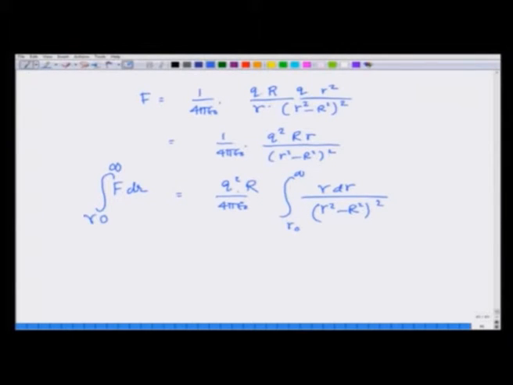To integrate this, let us take r square minus r square to be equal to z square. So, z dz is r dr, and I have therefore, work done is equal to q square r over 4 pi epsilon 0 integration, r 0 is going to be z is going to be equal to square root of r 0 square minus r square up to infinity.